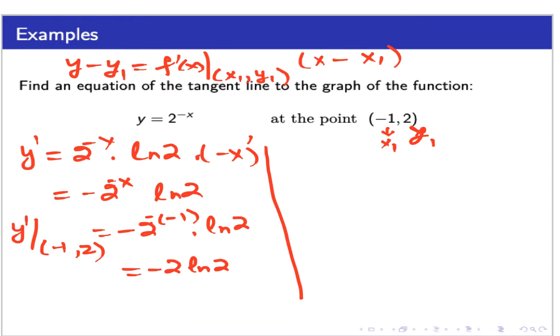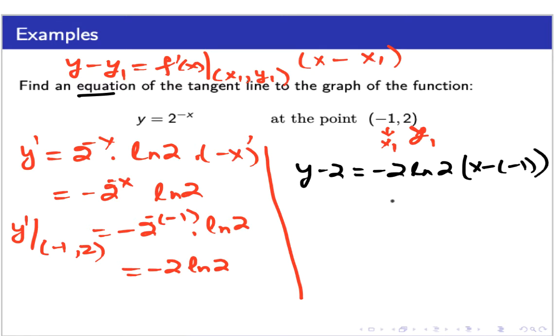But just plug in the values in the original equation of the tangent line. So y minus 2 equals minus 2 natural log of 2 times x minus of minus 1. So your final answer, taking 2 here, 2 plus 2 natural log of 2 times x plus 1. Good enough.